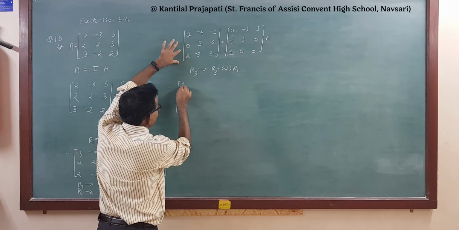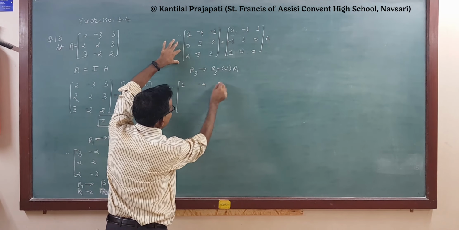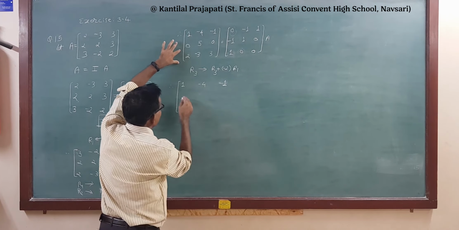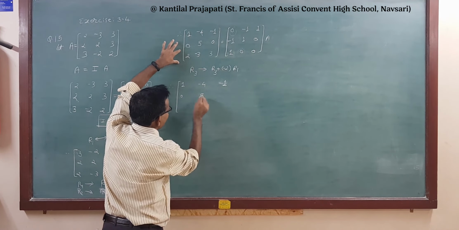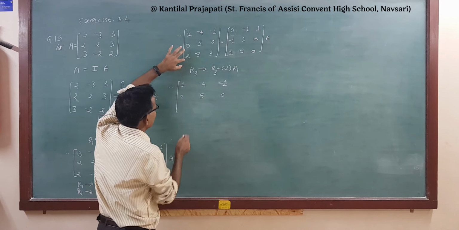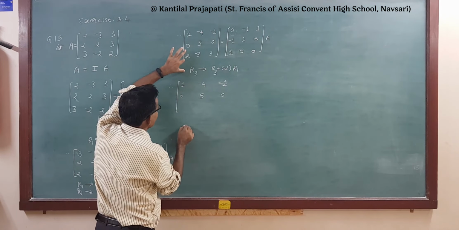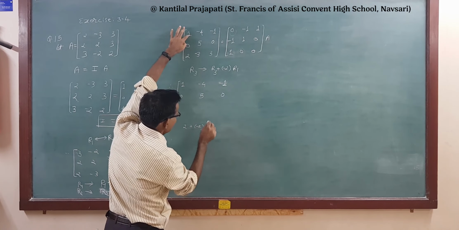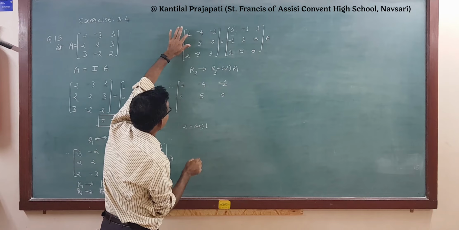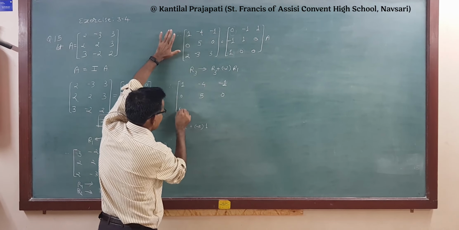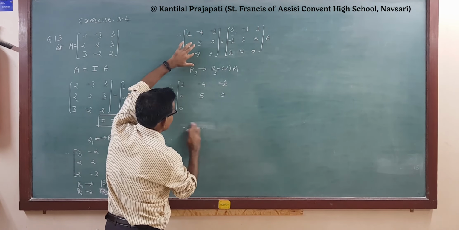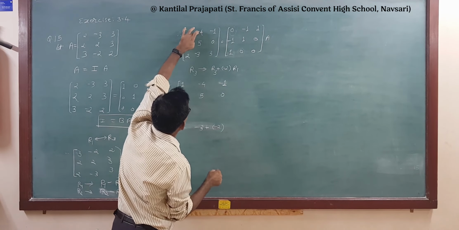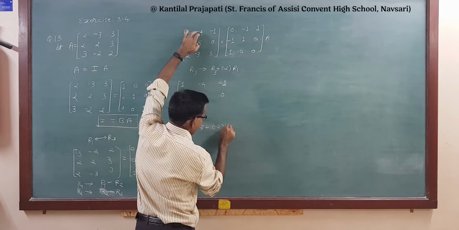So we write the first and second rows as they are. 1, minus 4, minus 1. Then the second row is 0, 5, 0. Now, here we write the first element. See here, 2 plus minus 2 times R1, and the first element is 1. So 2 minus 2 is 0, right? Then we write this. So minus 3 plus minus 2 times the corresponding second element, which is minus 4.